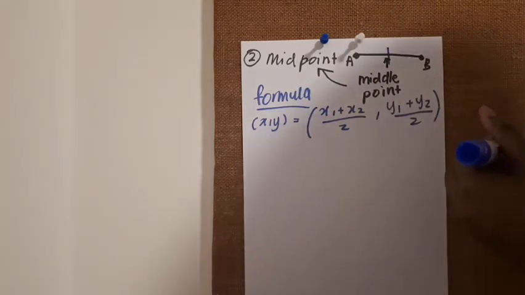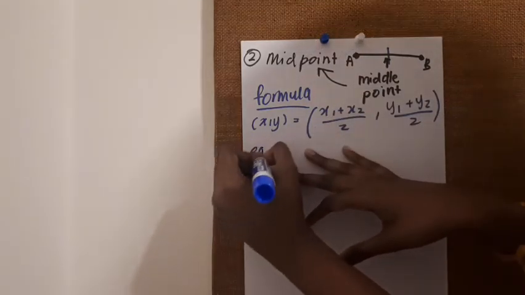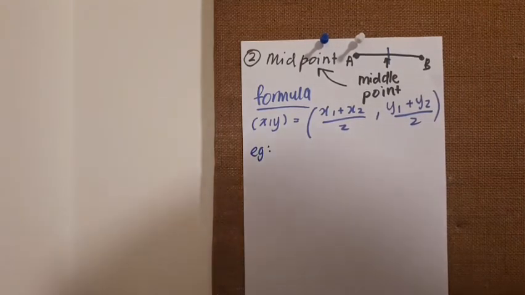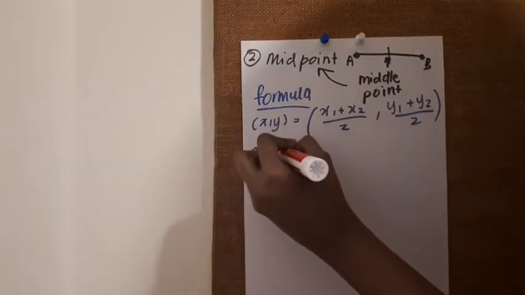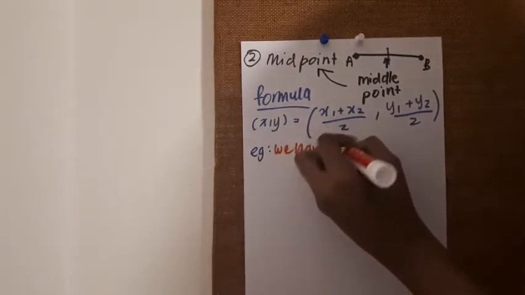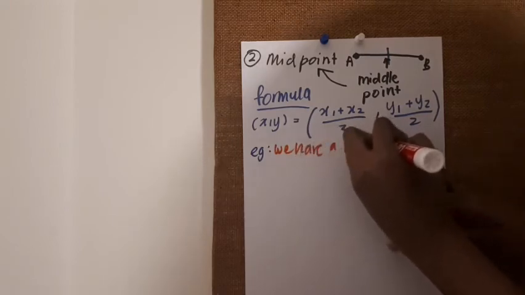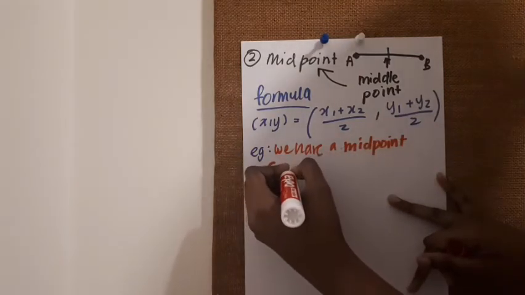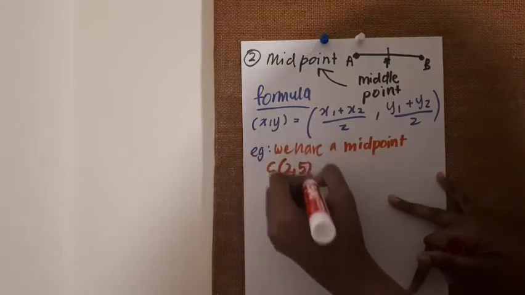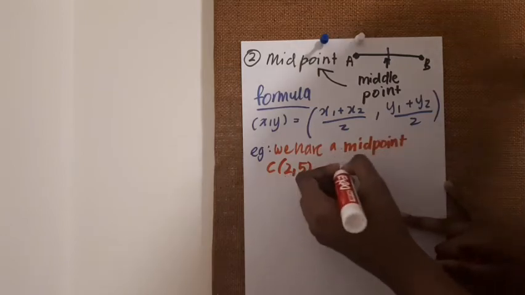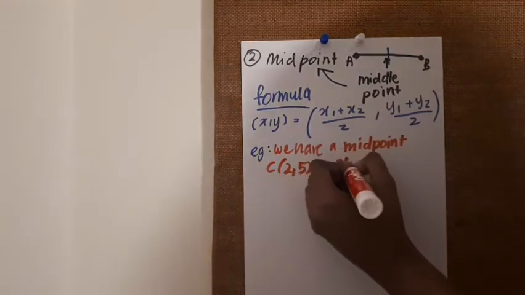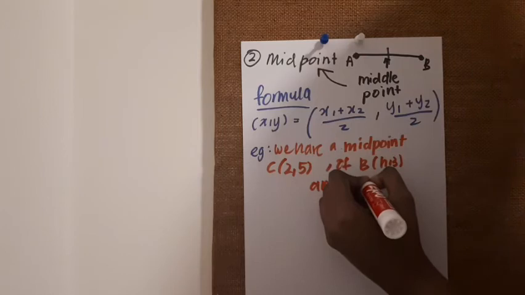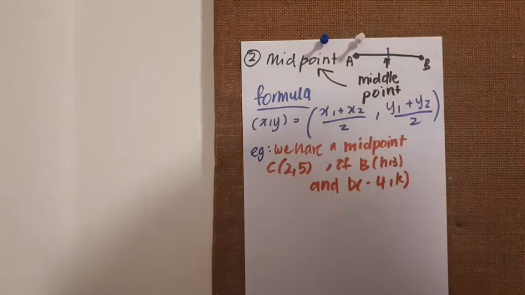Let's look at an example question. We are given a midpoint C, which is (2, 5), and which is the midpoint of B (h, 3) and D (-4, k).